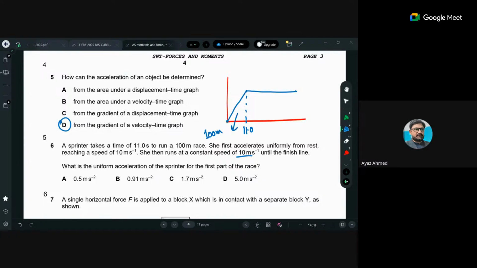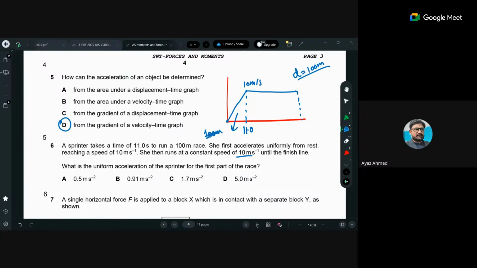Okay, then she reaches a speed of 10 meter per second, and until, sorry, this is not 100 meters, this entire is 100 meter. The total distance is basically 100 meter. You got that point?